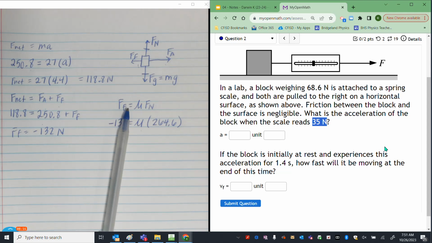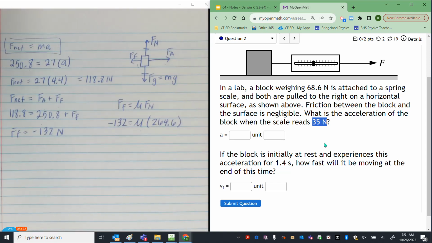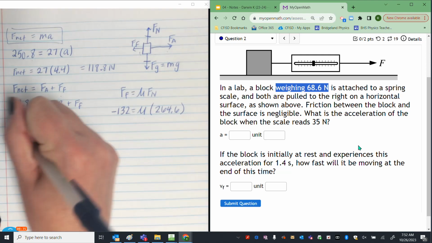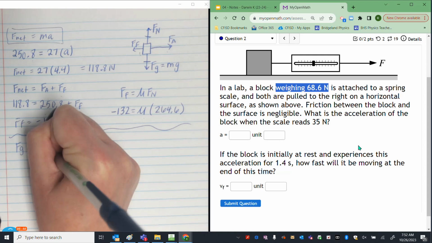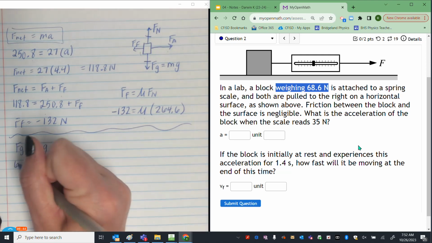So if you wanted to solve for acceleration, you would again use the same equation, F net equals ma. We have F net, it's 35, but we need mass in order to find acceleration, and right now we have weight. So in order for us to answer this question, we need to figure out what the mass is. I know that the weight, Fg, is equal to mass times gravitational acceleration, and I know the weight is 68.6.